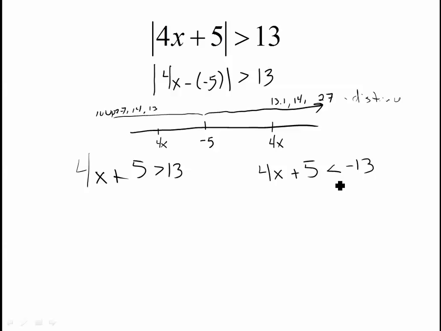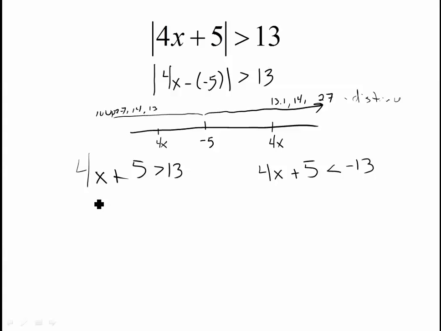And all of those numbers are less than negative 13. That's why I'm using less than. If I use greater than, then I could possibly use numbers like negative 12, because negative 12 is a bigger number than negative 13 in terms of the number line.